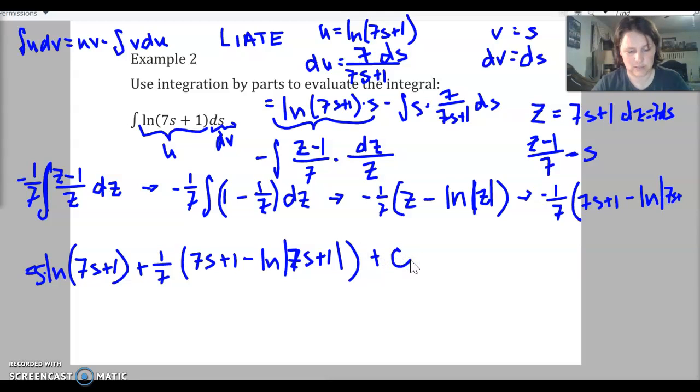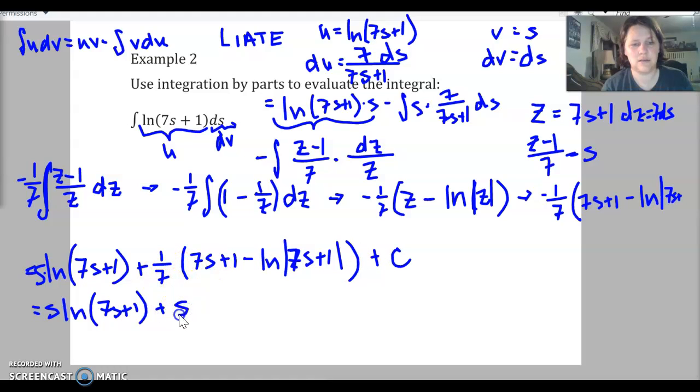Now let me check my answer here, make sure we got all of that in the clear. It looks like on mine I went ahead and multiplied the 1/7 through. So I'm going to go one more step here because they did something a little different. We can multiply this through, and so then we get plus s plus 1/7 minus the natural log of 7s plus 1, and then plus c.